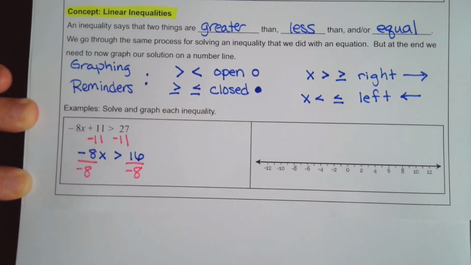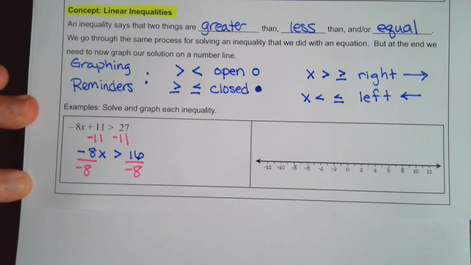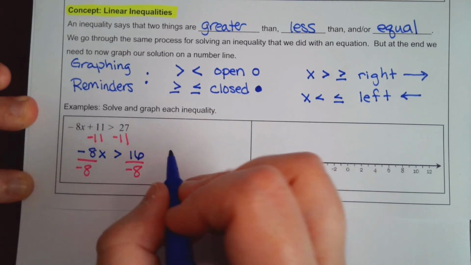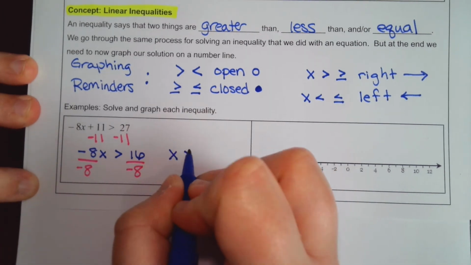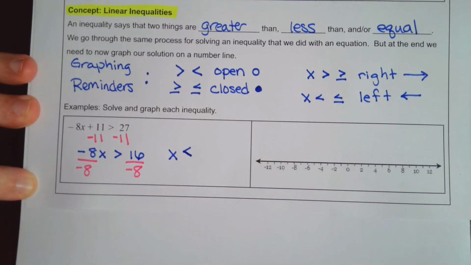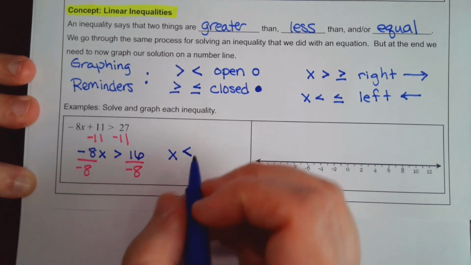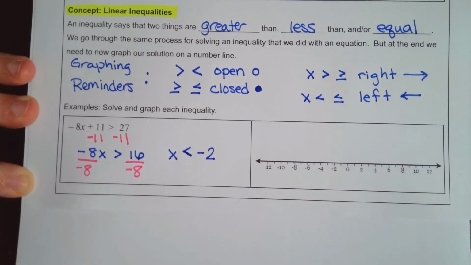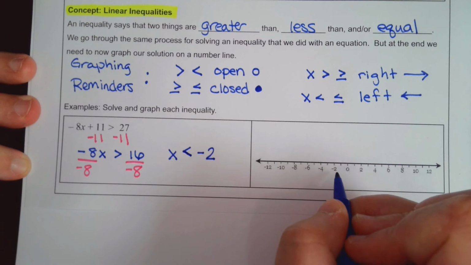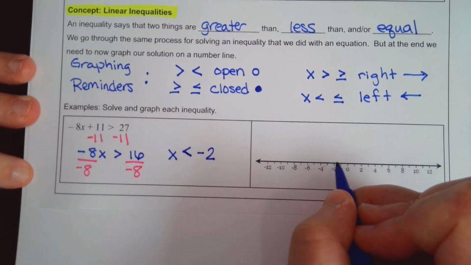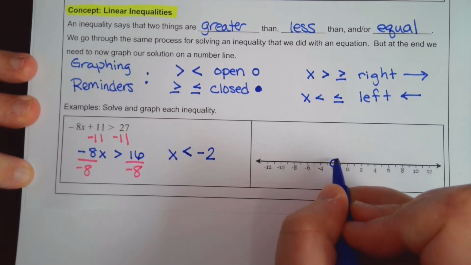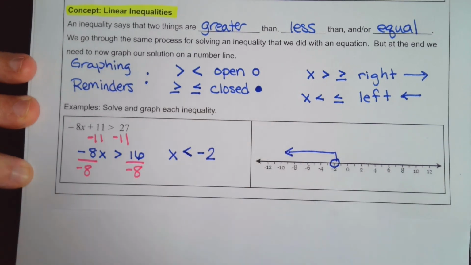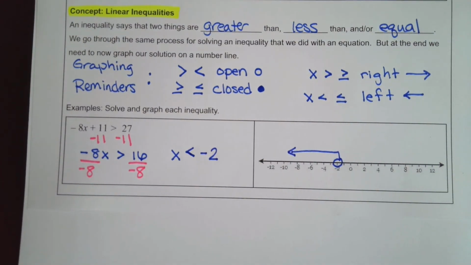Now, remember, when we divide by a negative, the inequality is going to flip. So that's going to now be x is less than negative 2. Now that we have it solved for, we come over here to negative 2. It is less than, so it's going to be an open circle and going to the left. And there you have it.